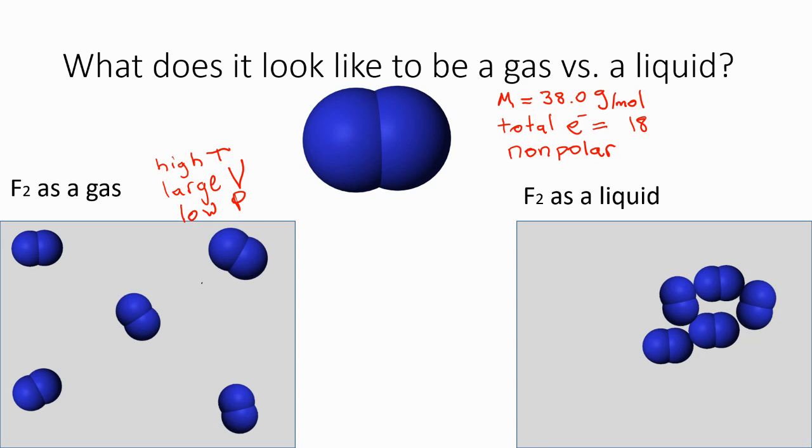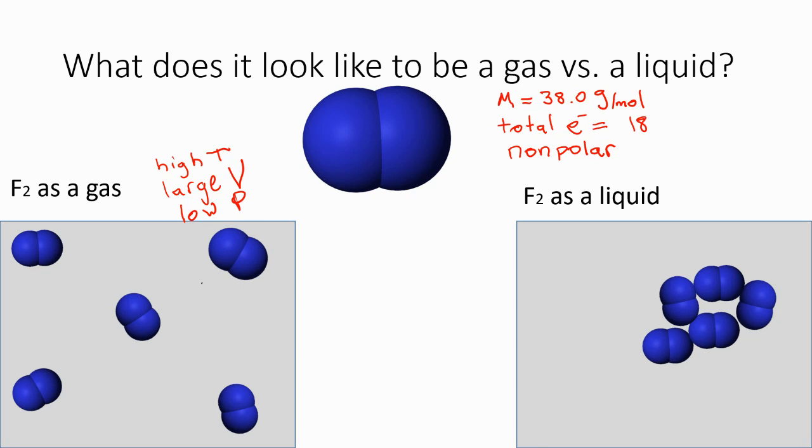In the liquid phase, we talk a lot less about pressure and volume, but temperature still matters quite a bit. If I look at the liquid particles, they're close together. They seem to be stuck together. Now, in the liquid phase, they can still move quite a bit. They can move past one another, but there's something that keeps them attracted to one another. And we want to kind of set the stage by saying, what are the conditions that are going to help us to achieve that ability for them to stick together?